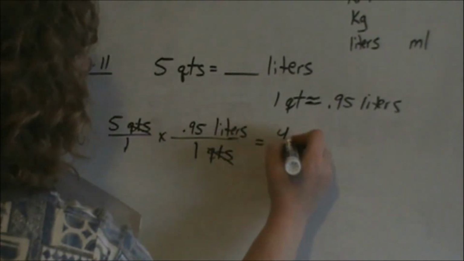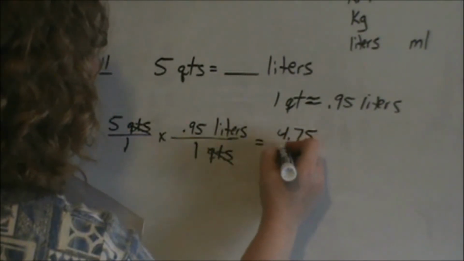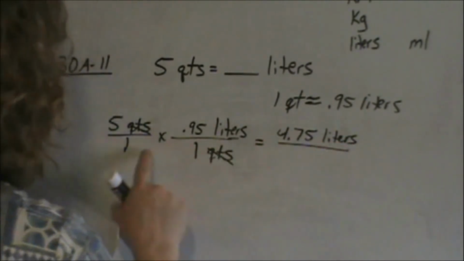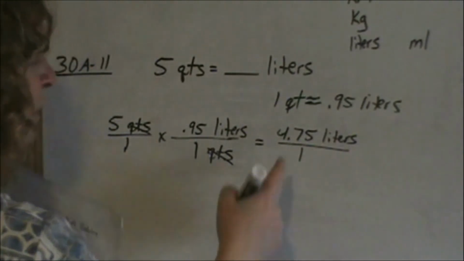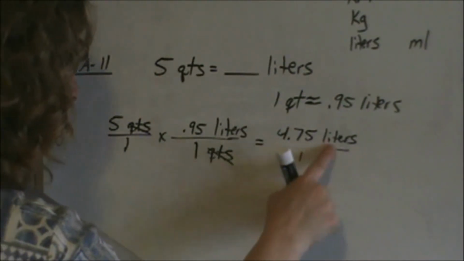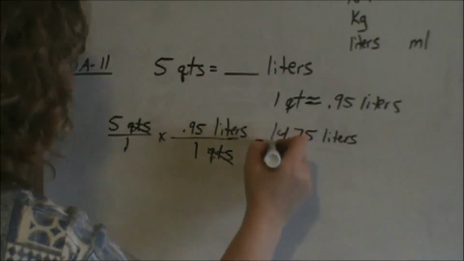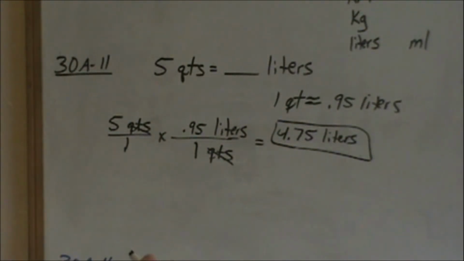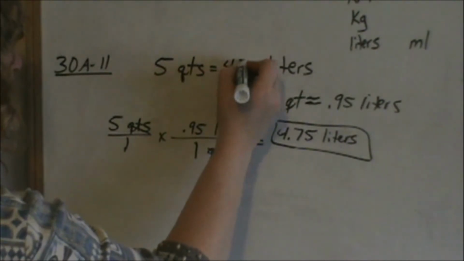That was 4.75, and I'm left with liters, all over 1 times 1, which is 1. 4.75 divided by 1 is still just 4.75. So I now know that 5 quarts is approximately 4.75 liters.